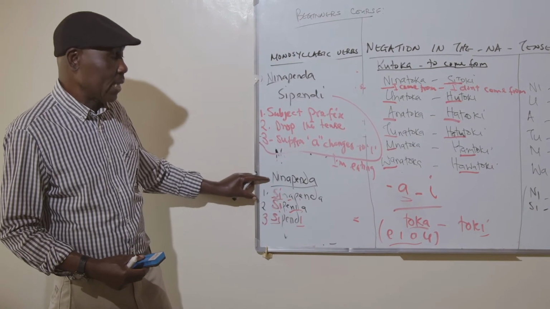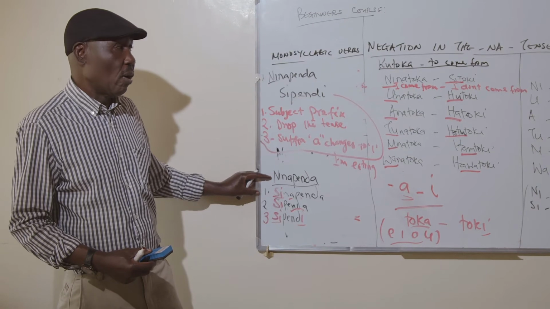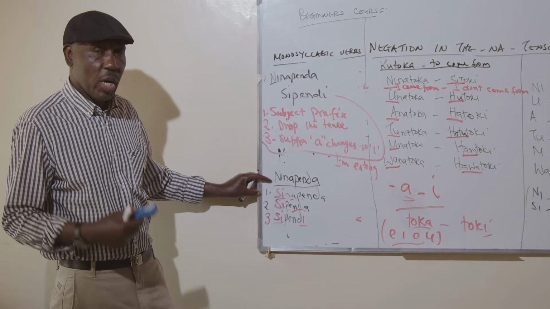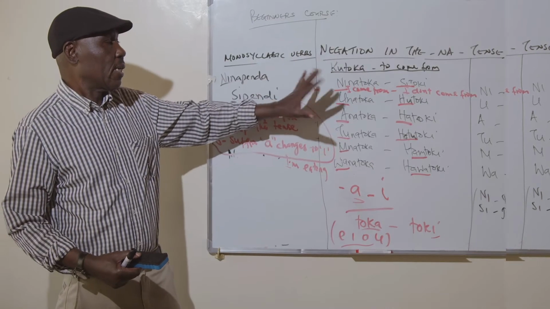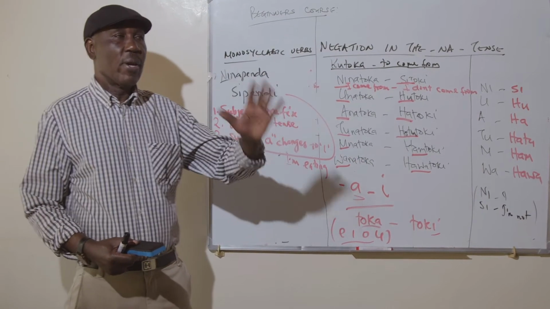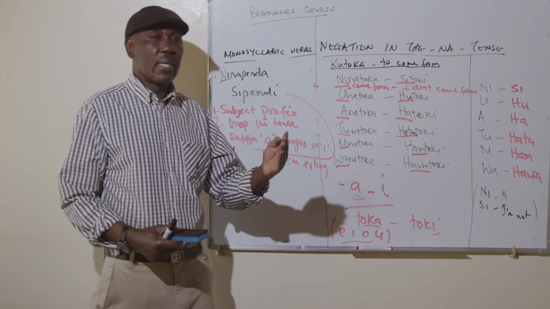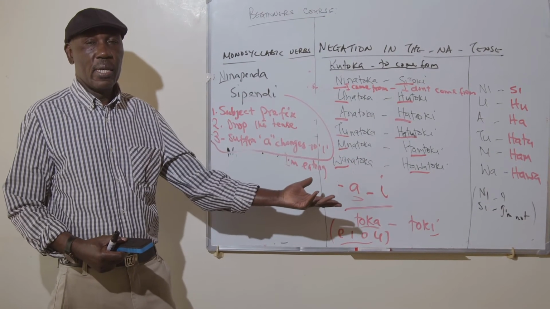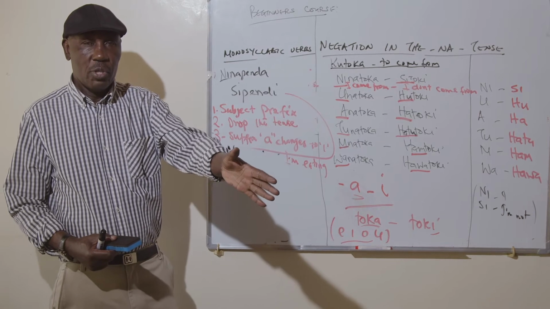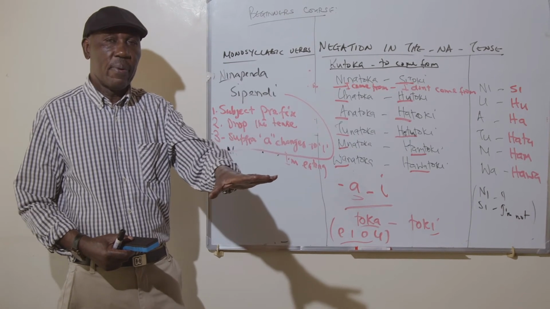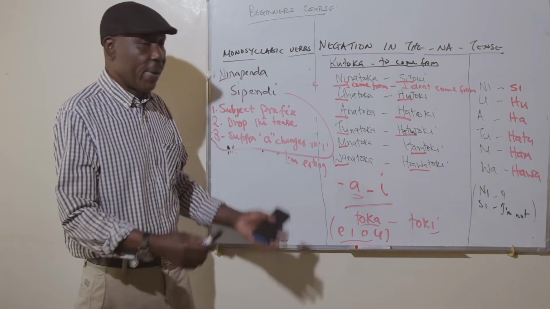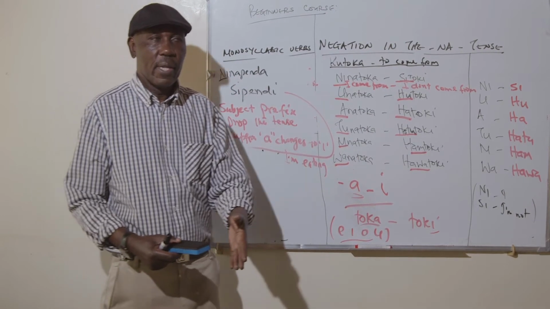Generally, this is some of the criteria that you may observe to come up with a negation. Just remember that when you're negating in the now tense, first of all, negate the subject prefix, then you change the suffix of the verb a to i. So when you have ninapenda, it becomes sipendi.